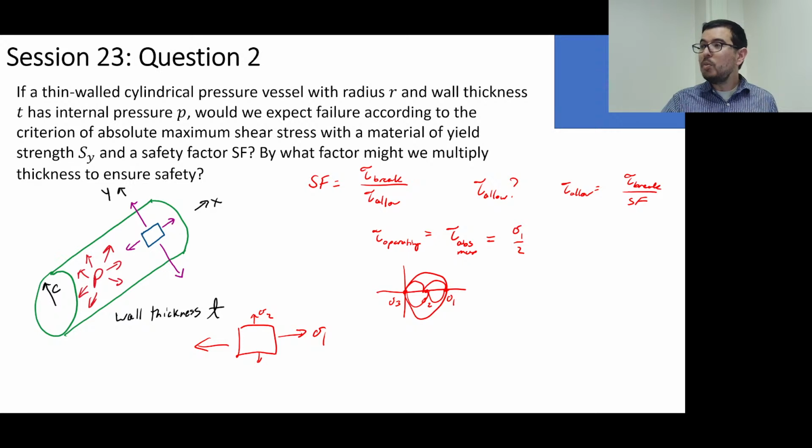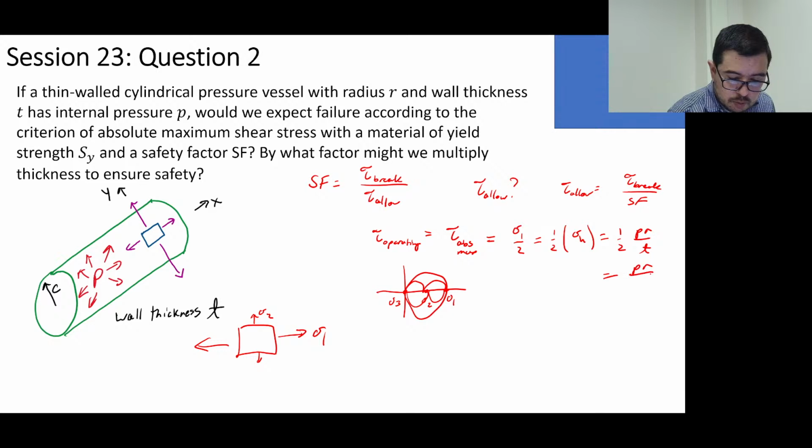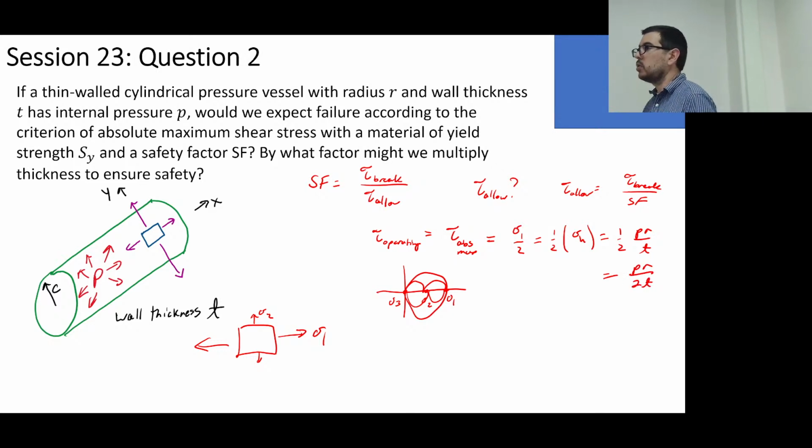The hoop stress. Hoop, there it is, right? And that is PR over T. So this is equal to 1/2 times the sigma hoop, which is equal to 1/2 times PR over T. And so, as Joshua just pointed out, it's PR over 2T.